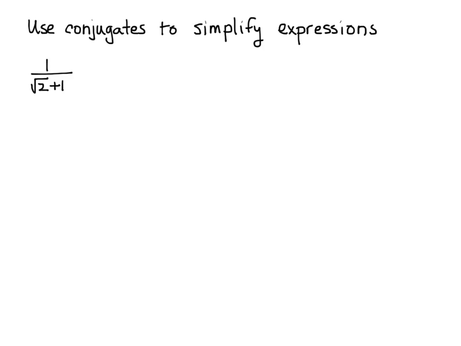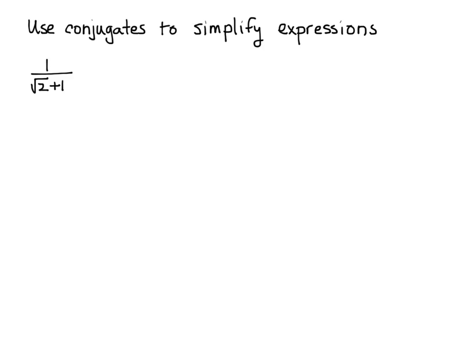If we did this by just rationalizing like we did before, where we would choose the square root of 2 over the square root of 2, what would happen is you'd have the square root of 2 in the numerator, and then in the denominator you'd have 2 plus the square root of 2. So you didn't eliminate a square root by multiplying it by just the square root of 2.